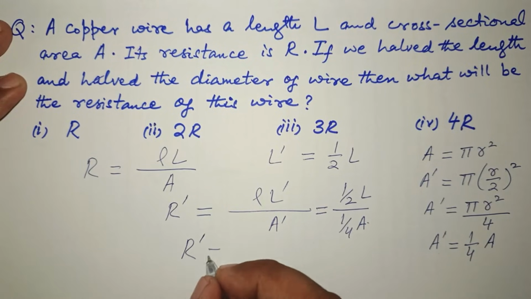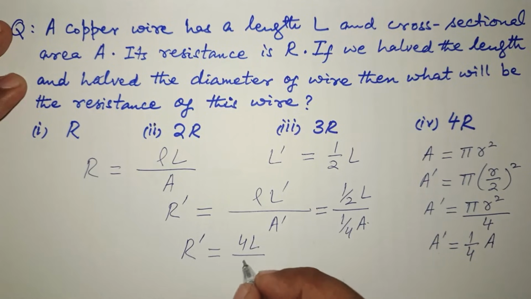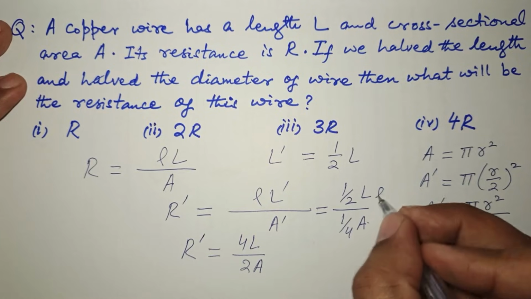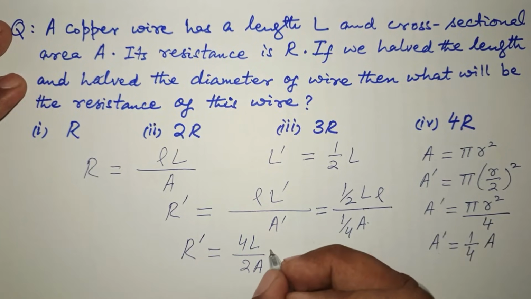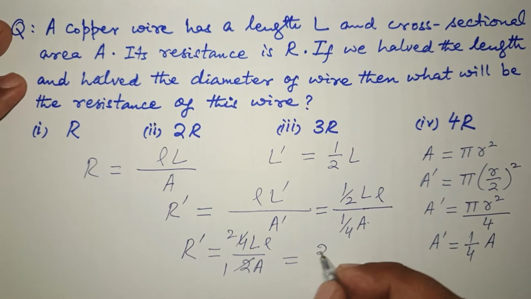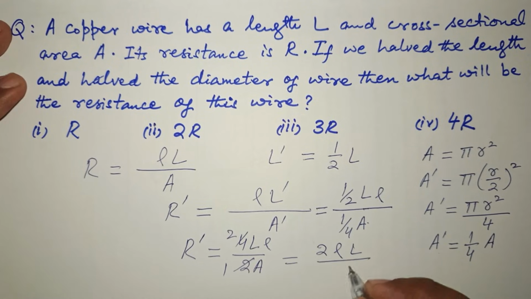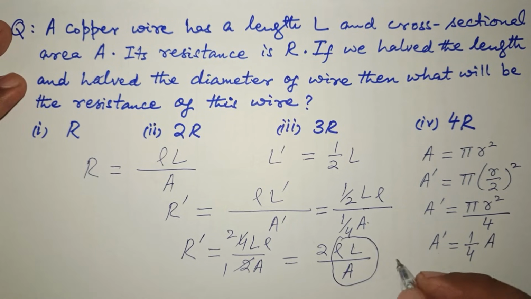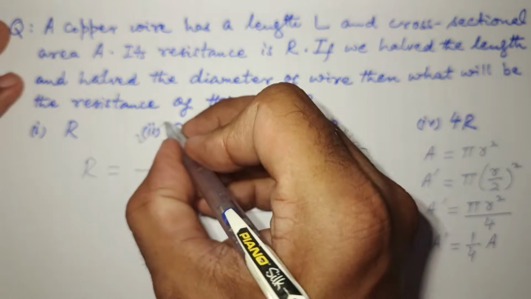So we'll get 4L over 2A, and rho is there. The 2 goes into the 4, so this will be 2 rho L over A. This corresponds to the original resistance, so R now becomes equals to 2R, doubled. So the correct option is number 2.